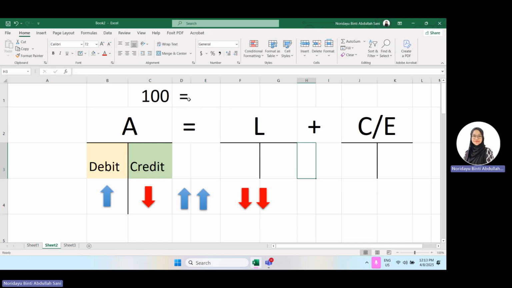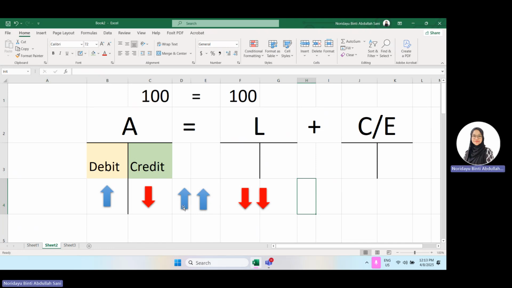So definitely on my liability or capital, I should have a total of 100. Then only it will be equivalent, right? 100 equals 100. That's how this accounting equation explains the relationship between the asset, the liability, and capital.